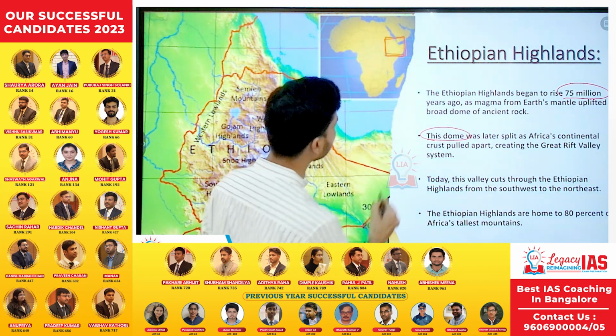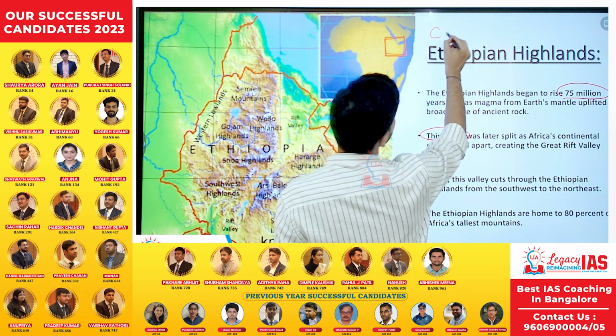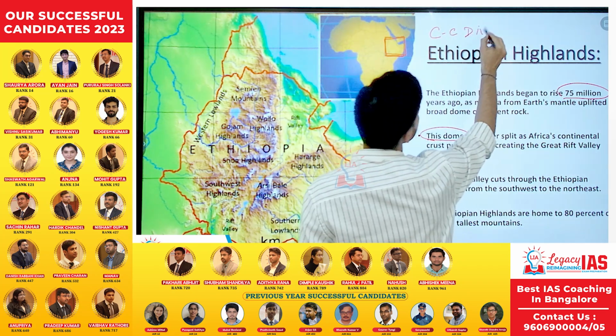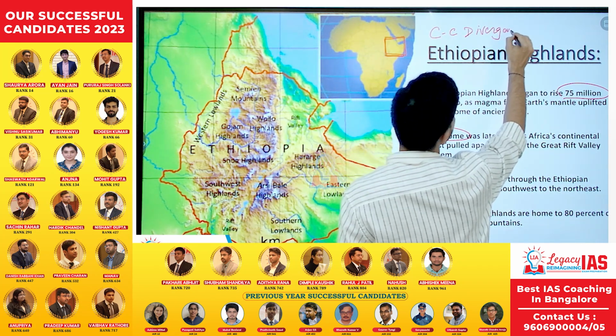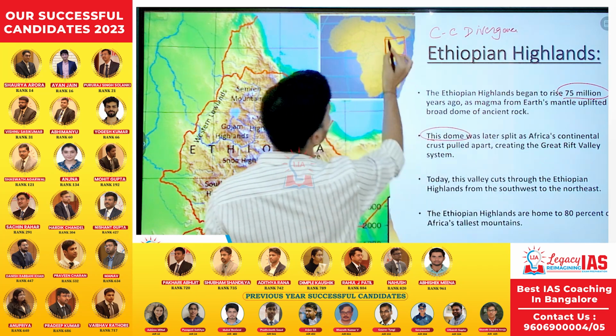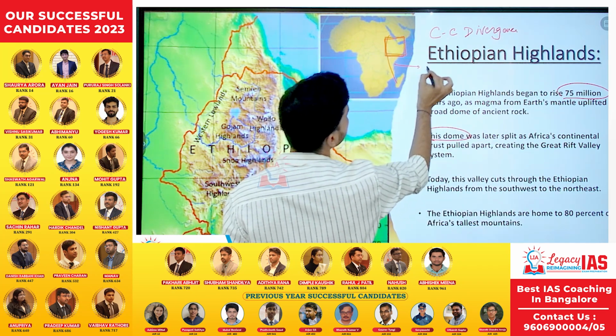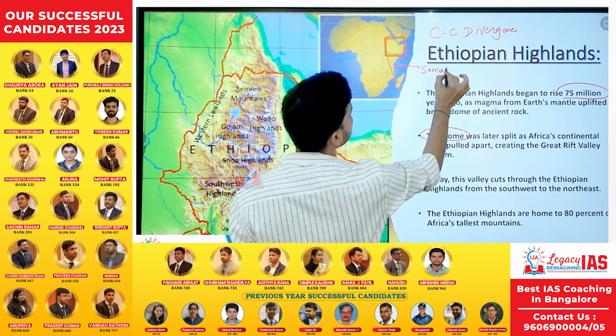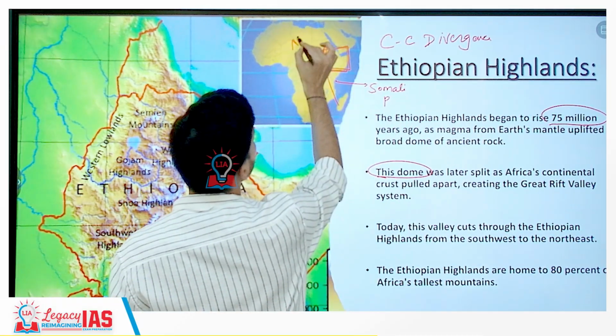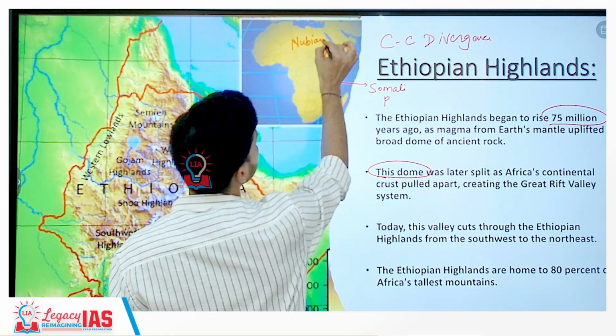We have discussed many times before that currently the African continent is undergoing a process called continental divergence, where on the eastern side you have a plate called the Somali plate, and on the northwestern side you have the plate called the Nubian plate.